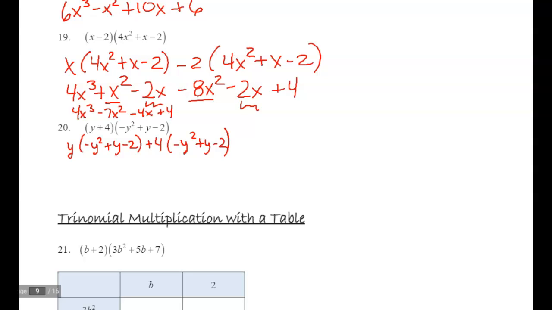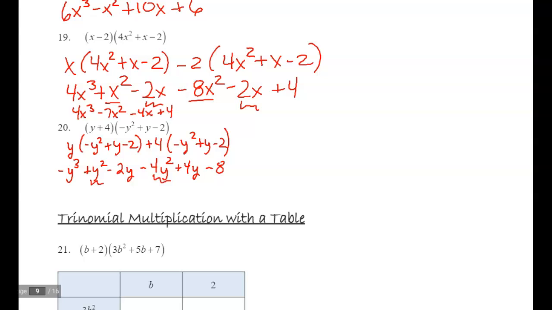Okay, y times negative y squared is negative y cubed plus y squared, y times y, and then y times negative 2 is negative 2y. Over here I have negative 4y squared because I have 4 times negative y squared. 4 times y is a positive 4y, and 4 times negative 2 is negative 8.